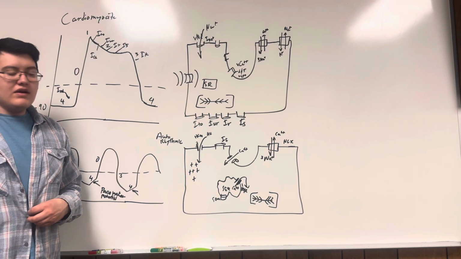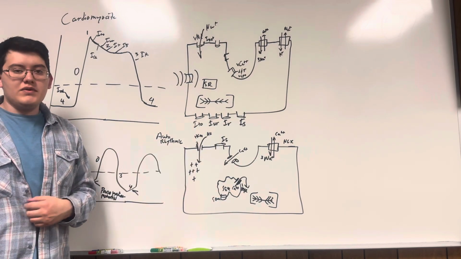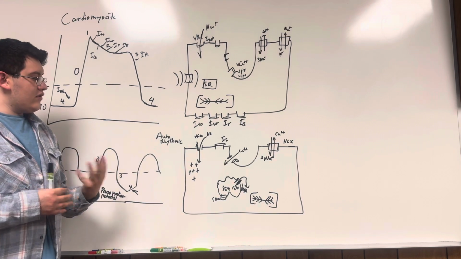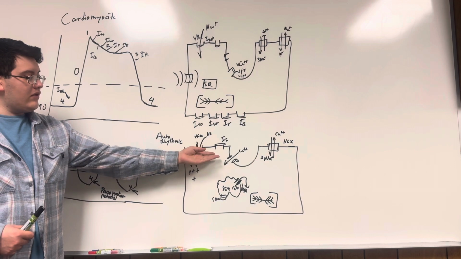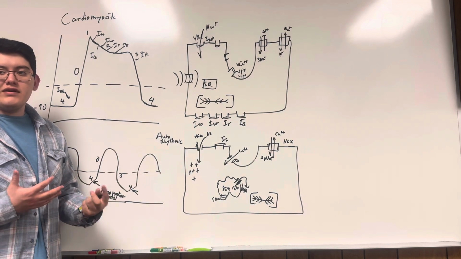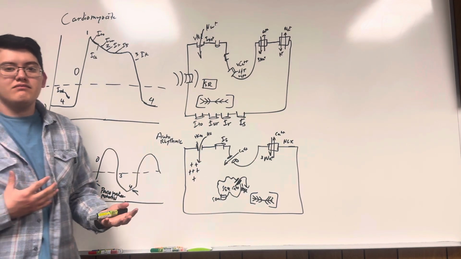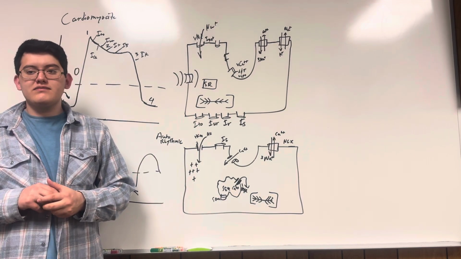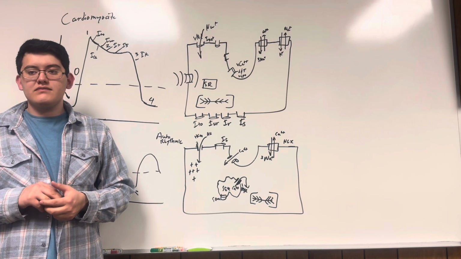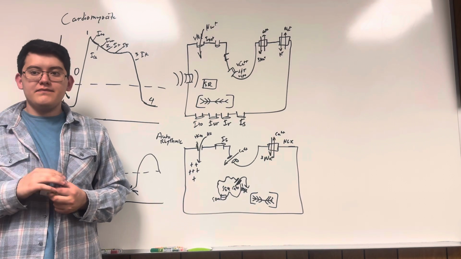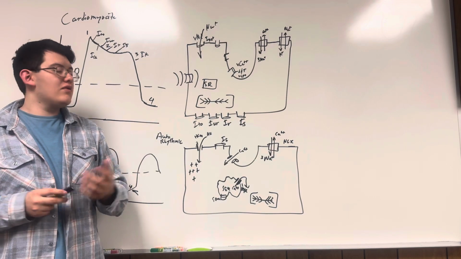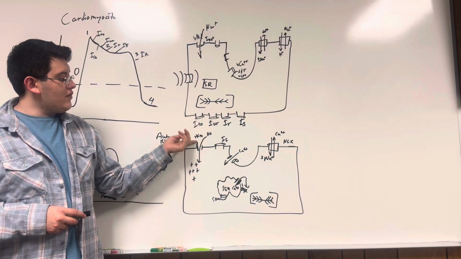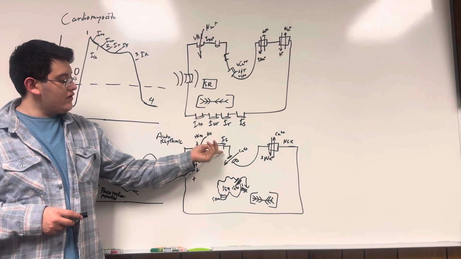Why is the funny channel called the funny channel? It's called that because when it was discovered, the discoverers of the IF channel thought it was kind of funny, and the name stuck. It's funny because it opens when the cell becomes hyperpolarized. HCN stands for hyperpolarization-activated cyclic nucleotide-gated.